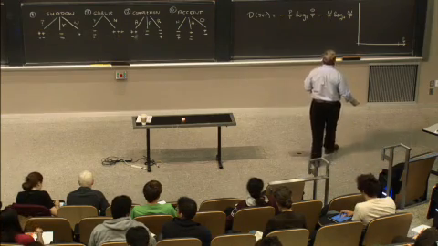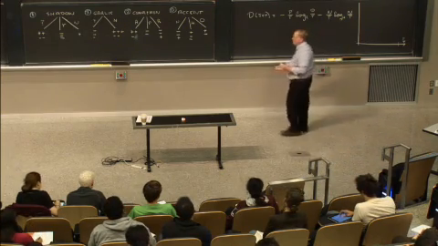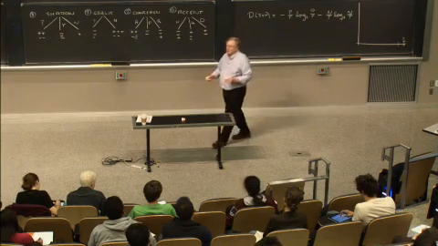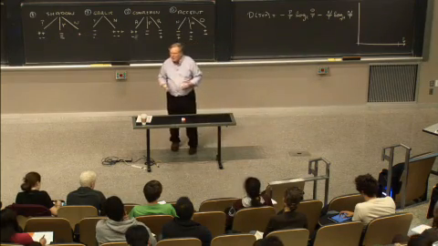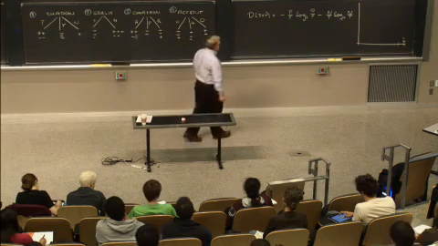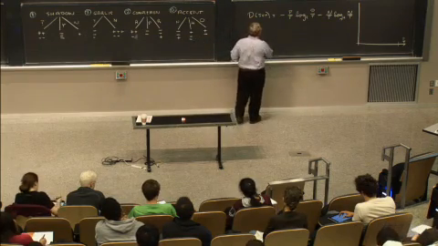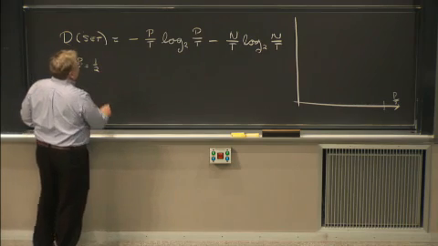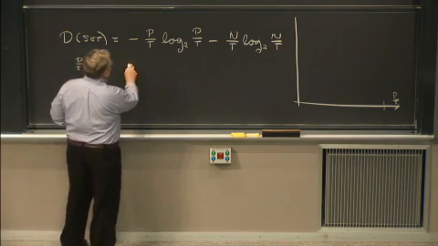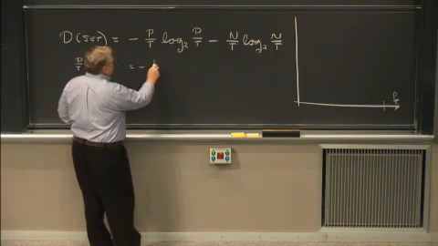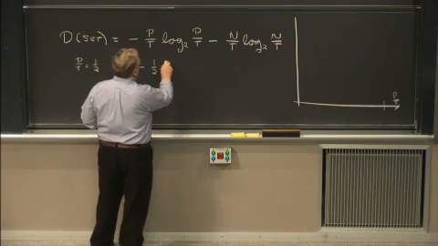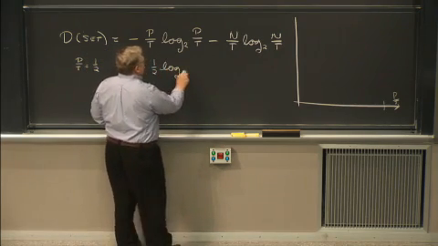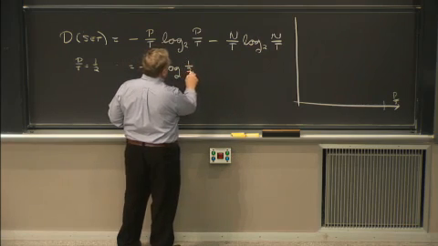Let's suppose that the number of positives is equal to the number of negatives, so we have a completely mixed up set. It has no bias in either direction. So in that case, if P over T is equal to 1/2, then this is equal to minus 1/2 times the logarithm of 1/2.